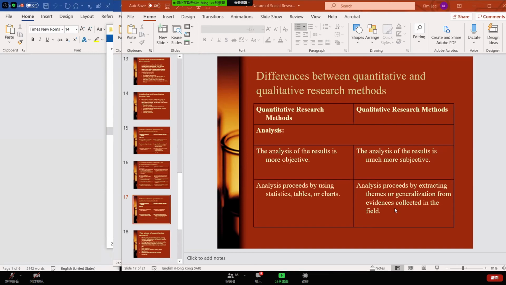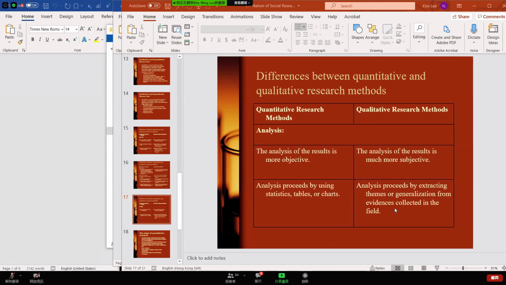Okay, some type like some are radicals. Some are very neutral. Some are leftists. 左膠. Okay, so in interviewing you may find out some types. So this is some kind of themes or generalizing typology you got from the qualitative research.